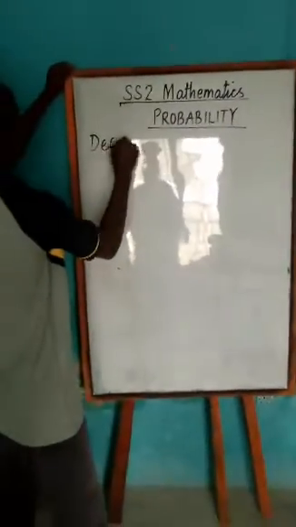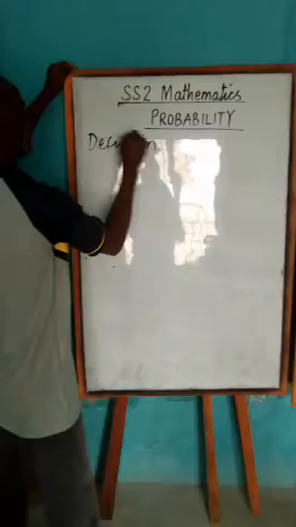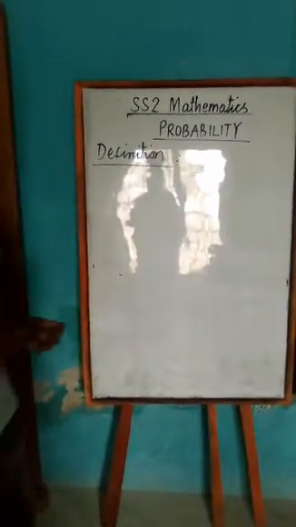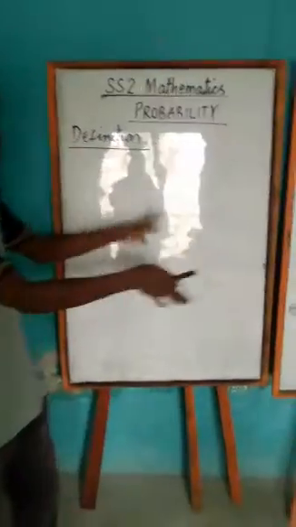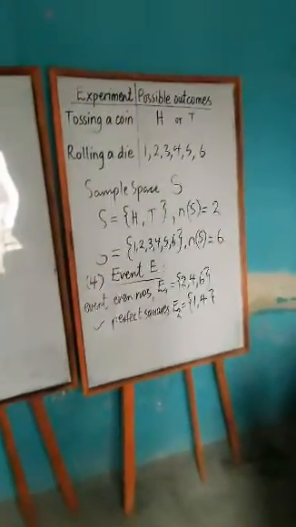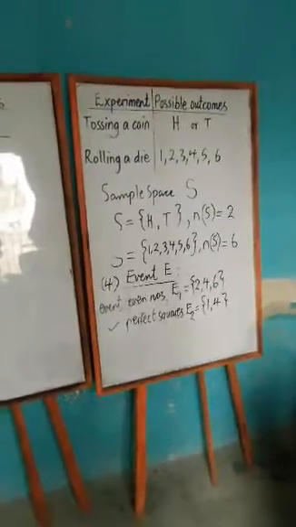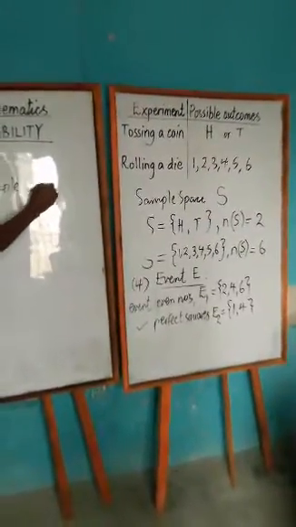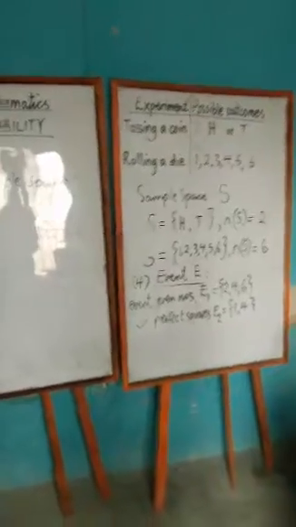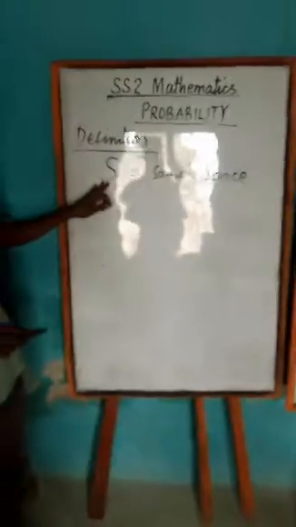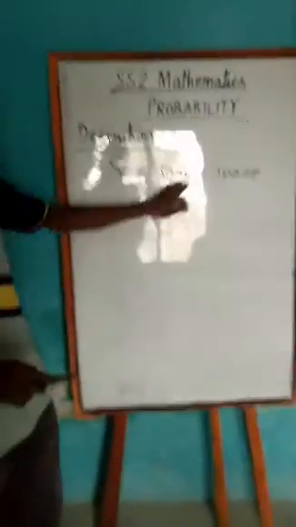Mathematical notation of probability. Definition. We want to define probability mathematically. Okay? Before we do that, let's go back to some of the basic terms that I've explained. The first one is sample space. Okay? Now, in this case, the sample space, the letter S, represents sample space.